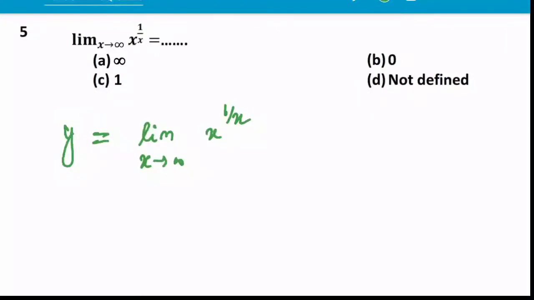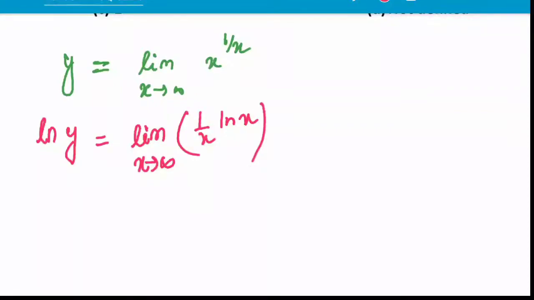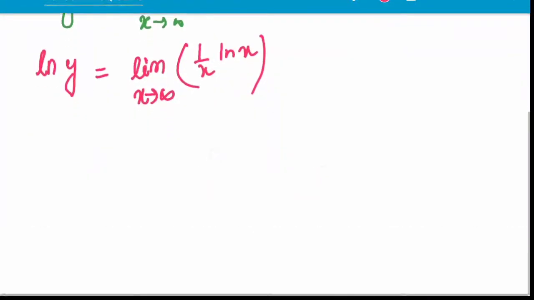So what will happen? I am taking log of base e, so that ln y will be limit x tends to infinity of 1 by x ln x. This will be 1 by x of ln x. Now if I put the limit into the bracket, then what will happen?